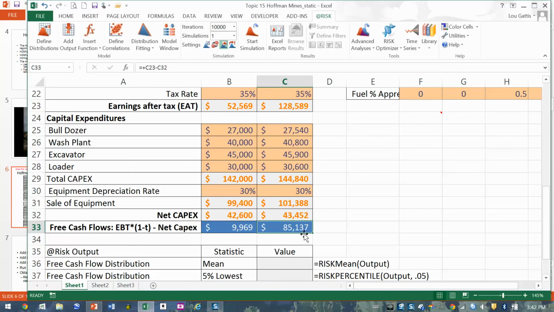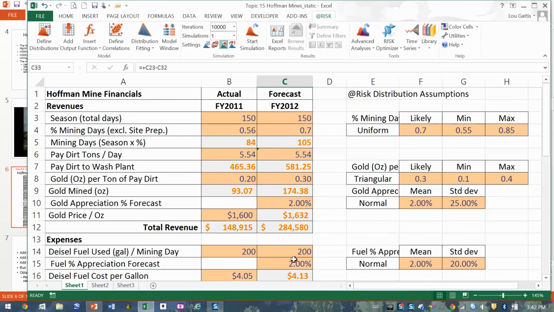Now, to turn this into a simulation, I need to take a number of variables from the model and make them stochastic. In other words, specify a distribution for each, and then I'll simulate those values. I'm going to do the ones that are highlighted here. I'll simulate 10,000 possible values for those parameters, and then I'll evaluate the results.